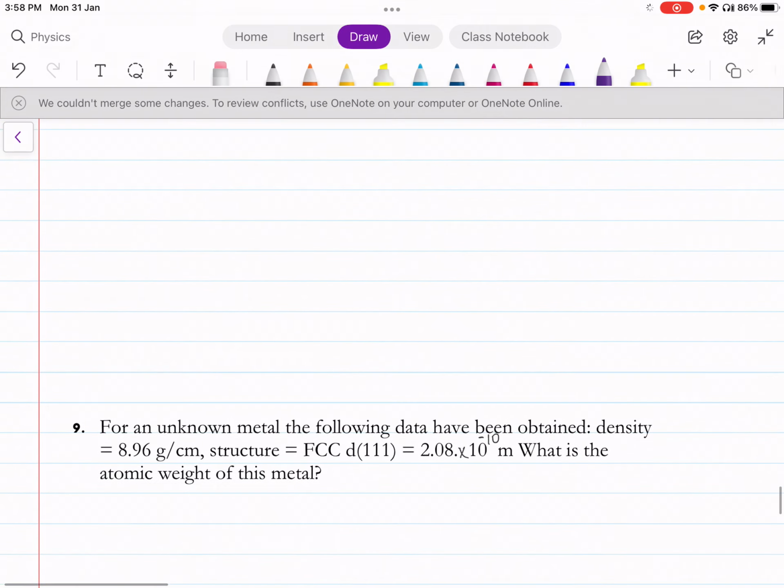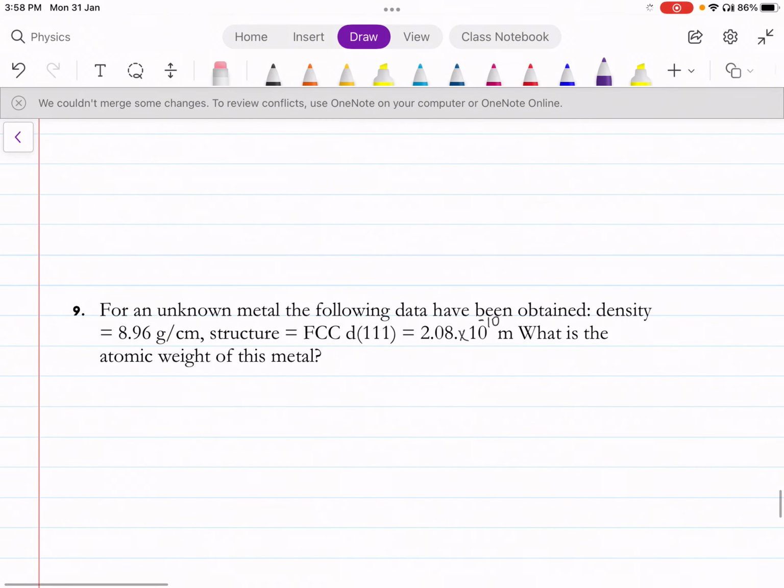Then let's go to the next sum. For an unknown metal, the following data have been obtained. Let's see the data.